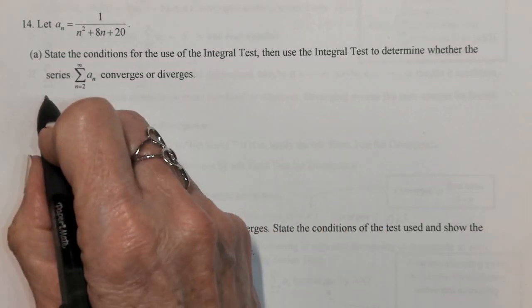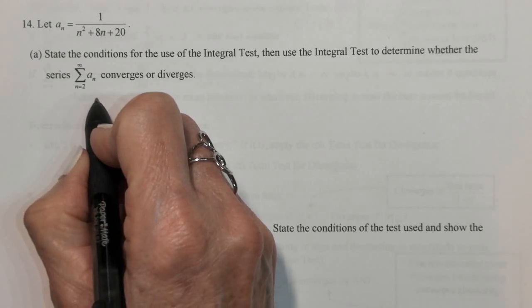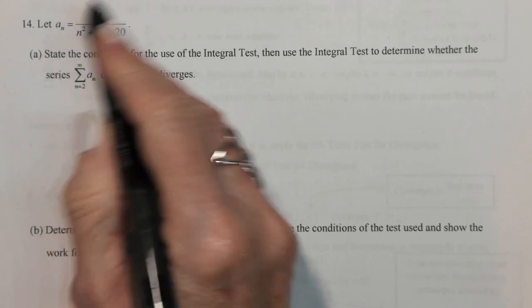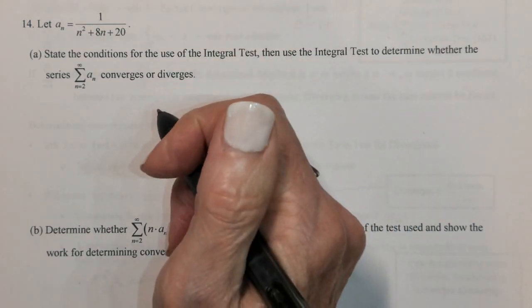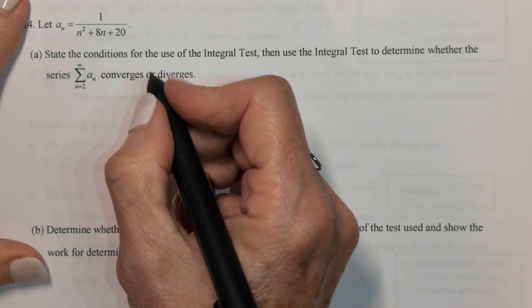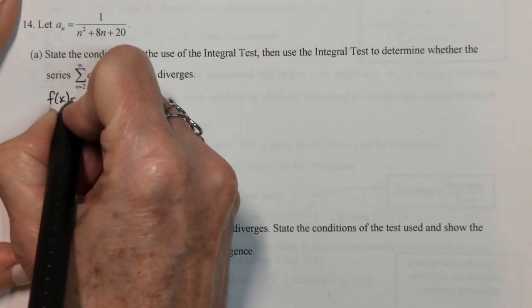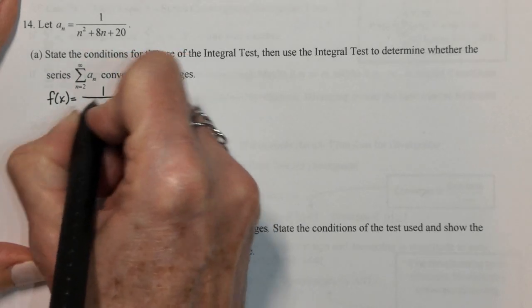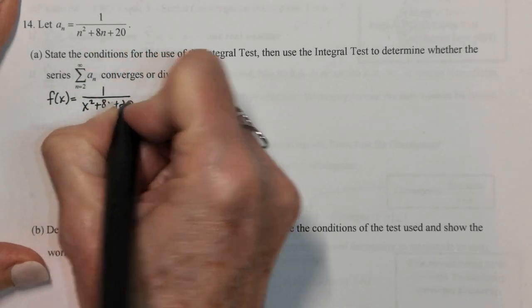But if I write that, what in the world would that mean? There is no function in play here, right? So I have to first name the function. I'm going to say f of x is equal to 1 over x squared plus 8x plus 20.